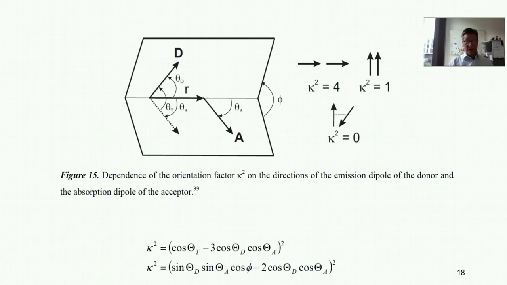So this is a more abstract way, and it also shows the limits. The maximum value of this kappa squared is 4, and the minimum is 0. If you have orthogonal transition dipole moments, then in principle there can be no energy transfer, unless there's vibrational coupling. Here we see the intersecting line and the different angles that are displayed.